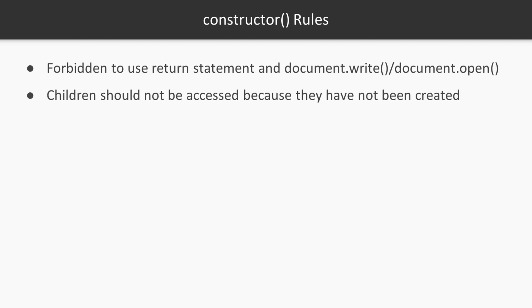Next, children should not be accessed because, well, they are not created. Constructor's main job is to set up. It is the first method which is used when a web component is created, so obviously the child elements of that particular web component are not created.